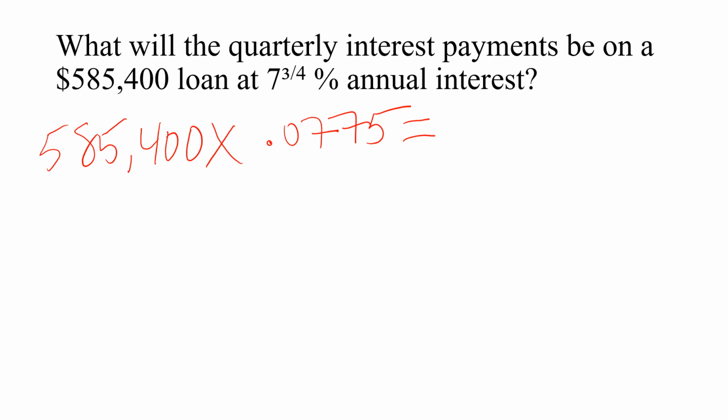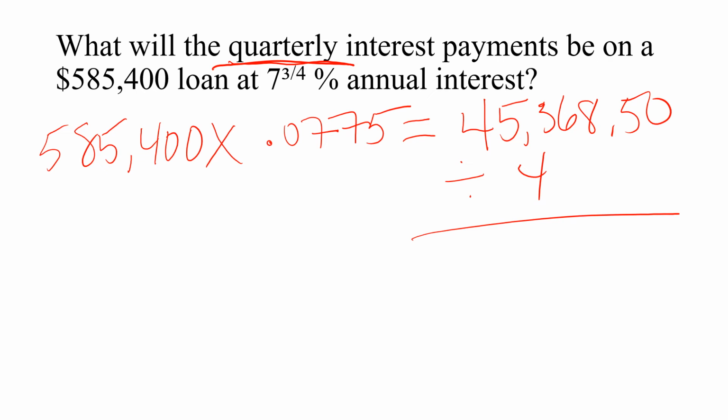So 585,400 times 0.0775 equals 45,368.50. It wants quarterly, so I have to divide that by 4 because there are 4 quarters in a year. And my quarterly interest payment is 11,342.13.